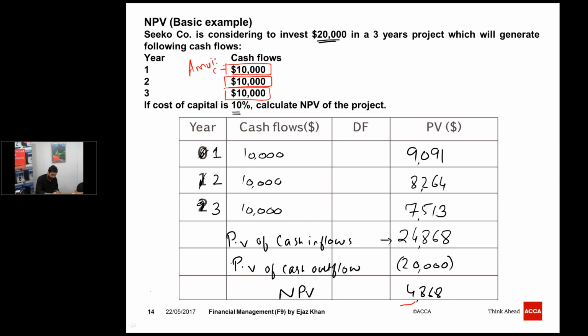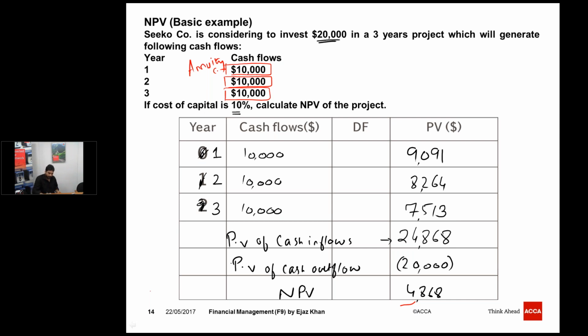This is called annuity. $10,000 every year. So it's actually an annuity, where you're going to receive the same amount every year. So it means it's an annuity project.